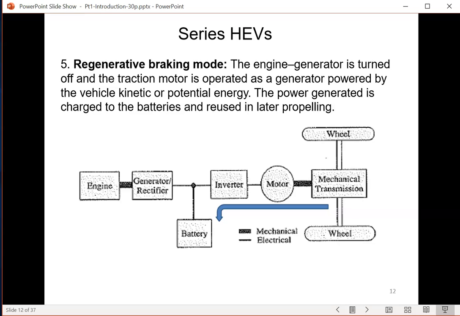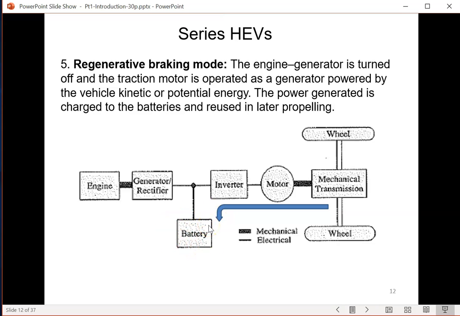And the mechanical power in this case can be fed back through the motor to charge the battery. The motor in this case works as a generator. So it converts this mechanical power back into electrical power through the inverter and charges the battery.